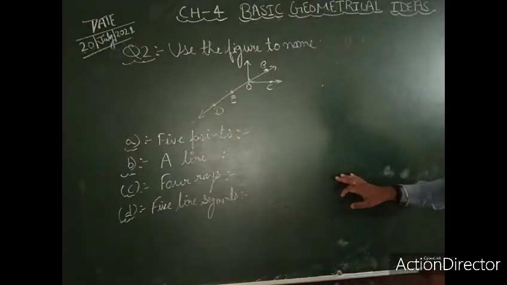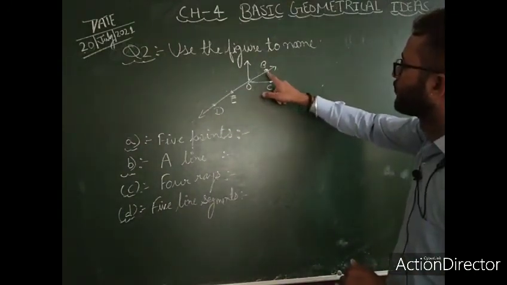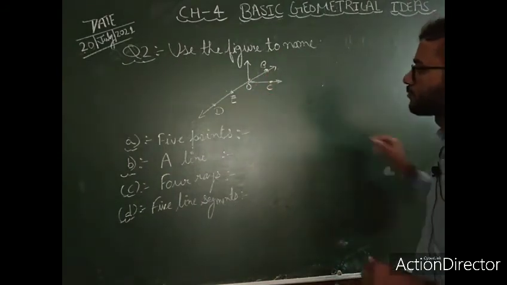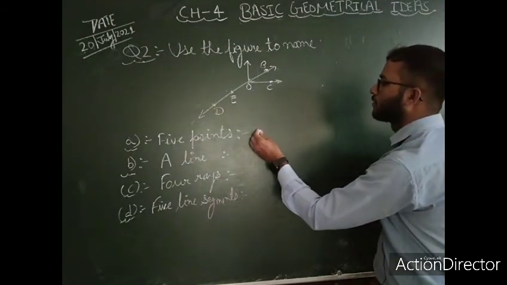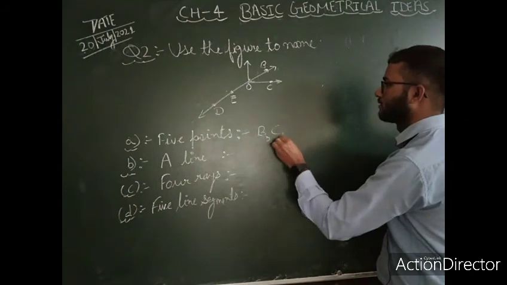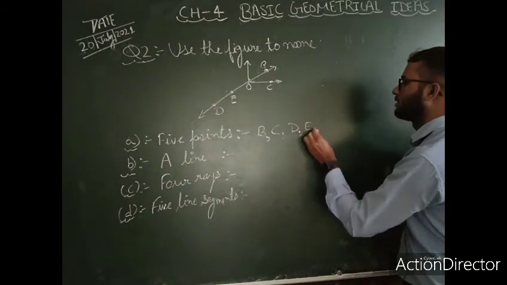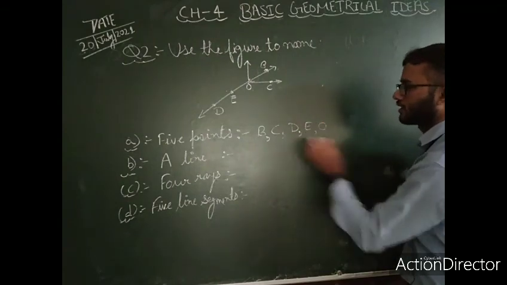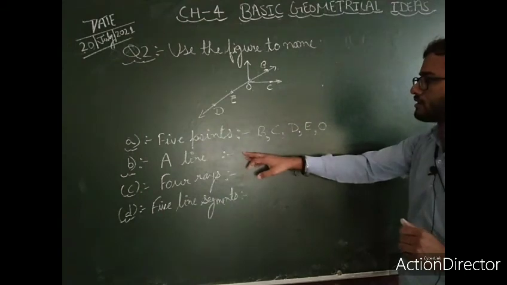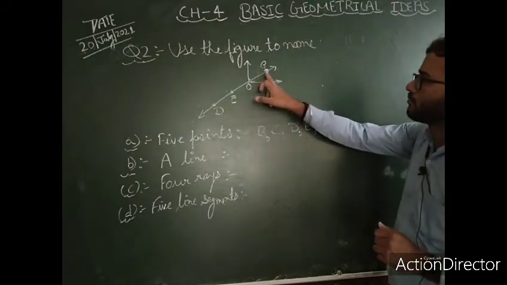Now first we write the 5 points. There are a total of 5 points here: 1, 2, 3, 4, 5. Point B, point C, point D, point E and point O. Now the line: what is the line here?